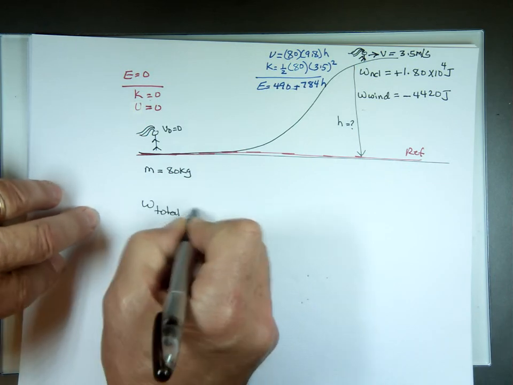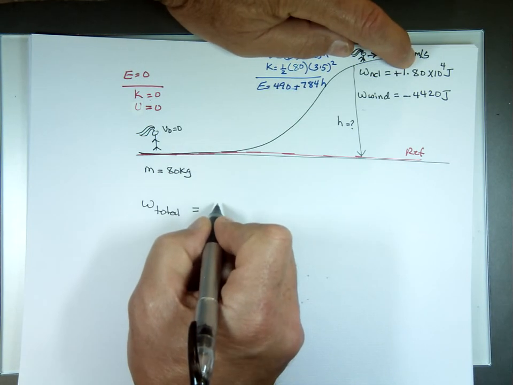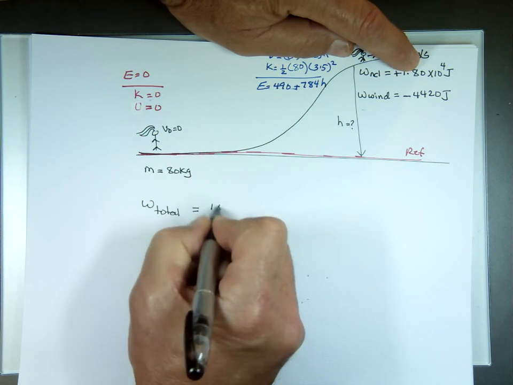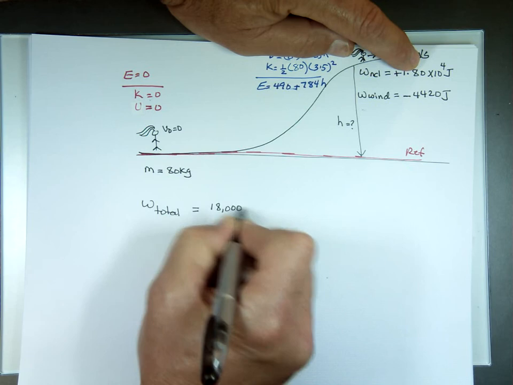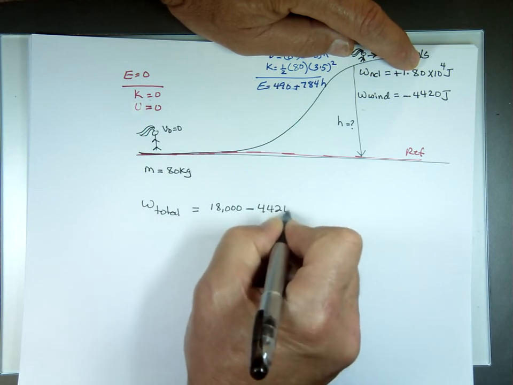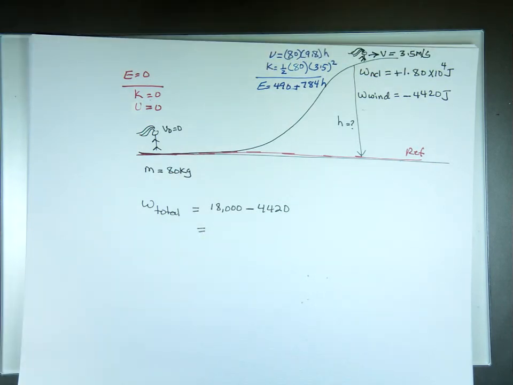That's actually 18,000. When you look at that, is that 18,000? 1.8 times 10 to the 4? I think it's 18,000. Minus what? 4420. $13,580.